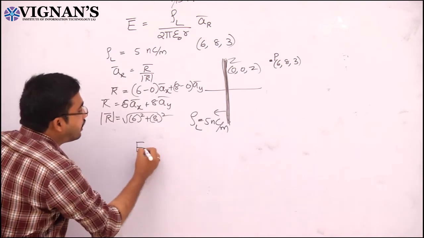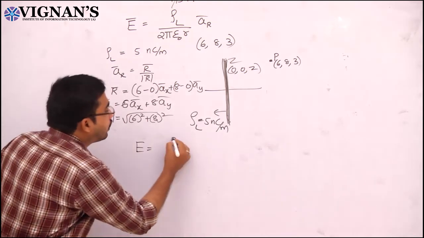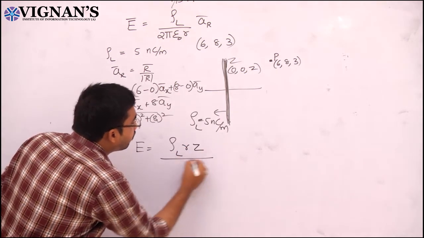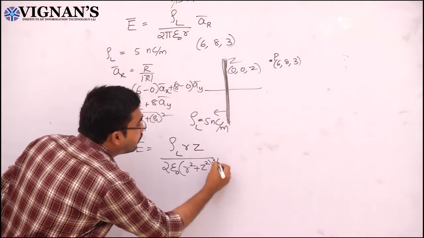Next formula is electric field intensity due to a charged circular ring: rho L into R z by 2 epsilon naught into (R square plus Z square) whole power 3 by 2.